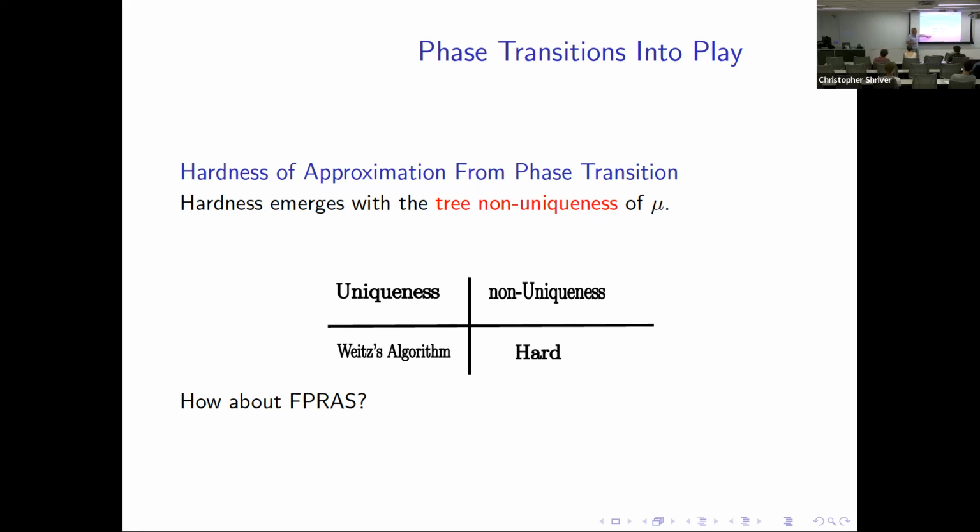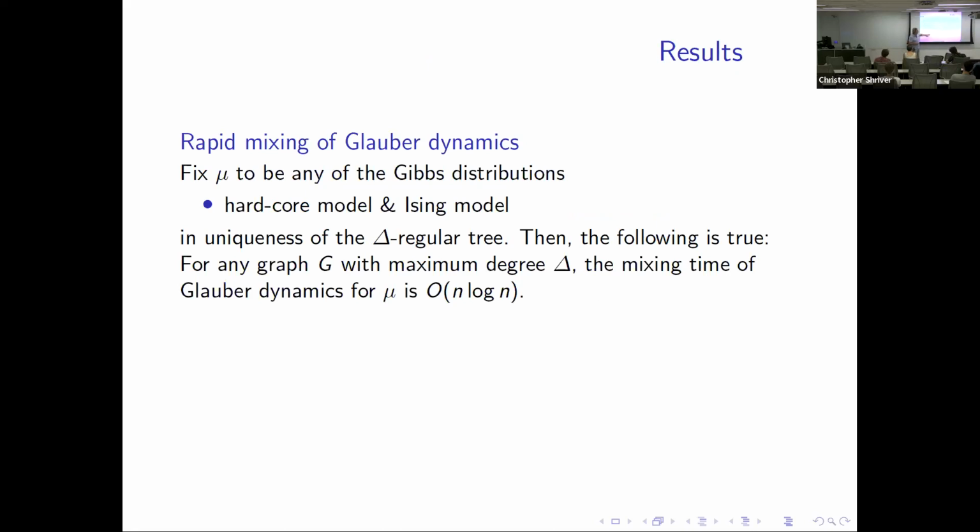If you remember. Okay, let's see what we have for FPRAS, because this is going to be an important component today. So we have this result: fix some Gibbs distribution, which can be the hardcore model or the Ising model, right? Fix the parameters so that we are in the uniqueness region for the delta-regular tree. Then for any graph G of maximum degree delta, the mixing time of Glauber dynamics for mu specified for the graph G is O(n log n).